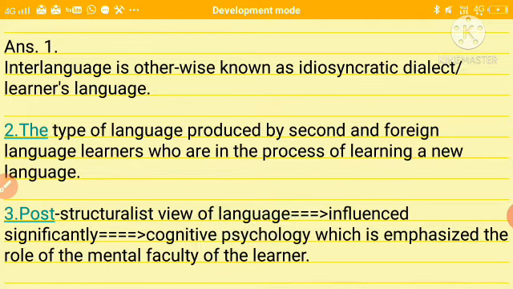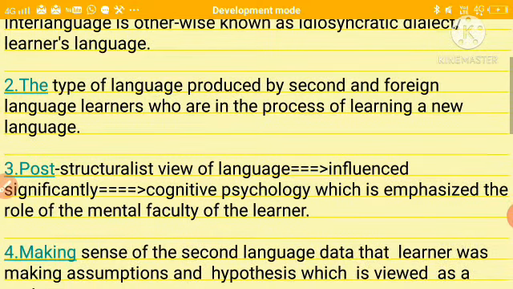So when a learner goes to learn a new language, the type of language produced by second and foreign language learners is called interlanguage. It means the mother tongue is different and the language is different. Like international means within nations. Various national countries are there, so international means between countries, like that interlanguage.